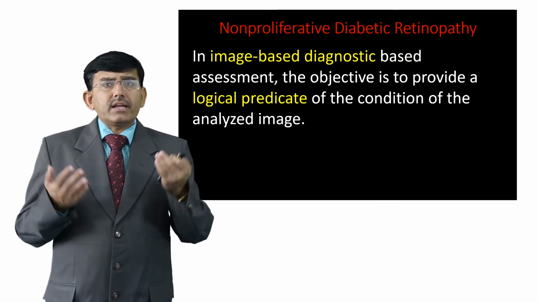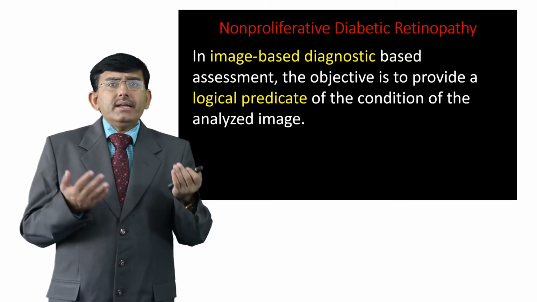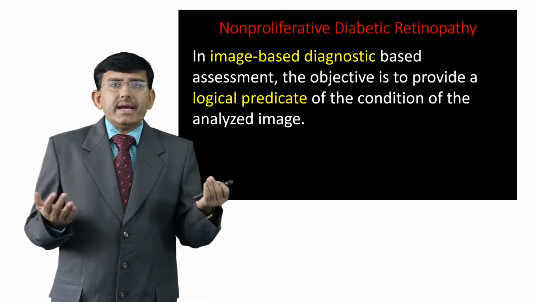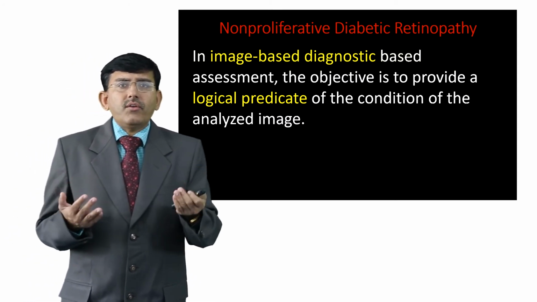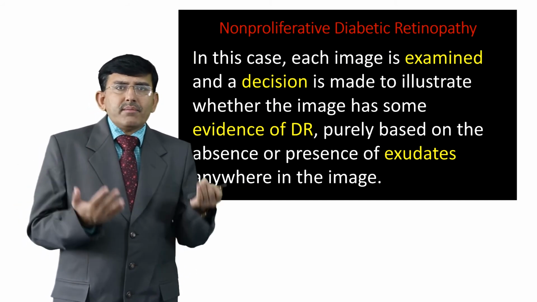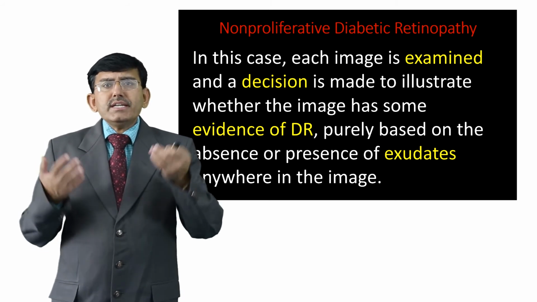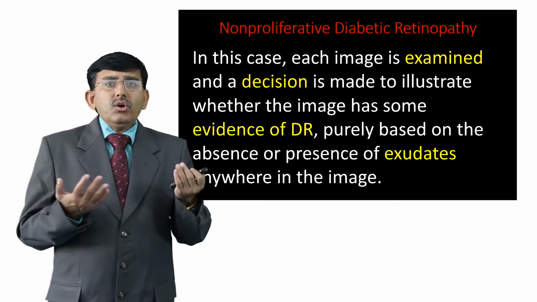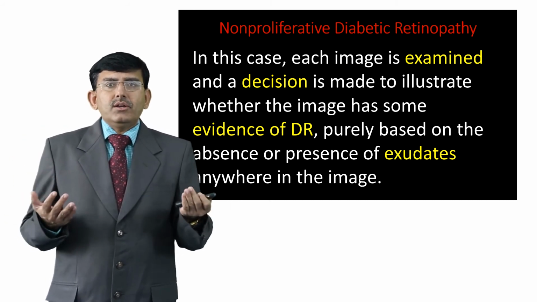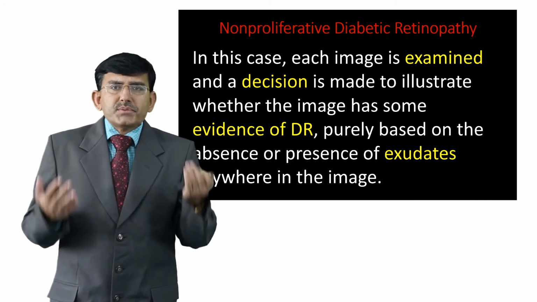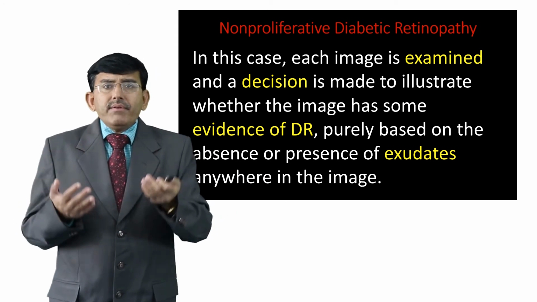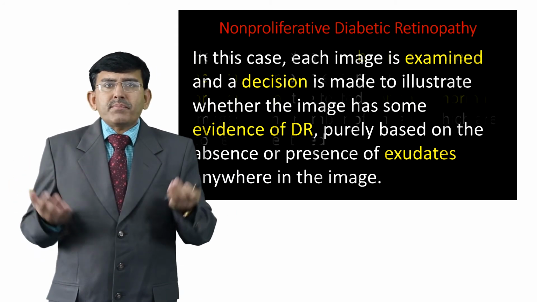In image-based diagnostic assessment, the objective is to provide a logical predicate of the condition of the analyzed image. In this case, each image is examined and a decision is made to indicate whether the image has some evidence of diabetic retinopathy, purely based on the absence or presence of exudates anywhere on the image surface.